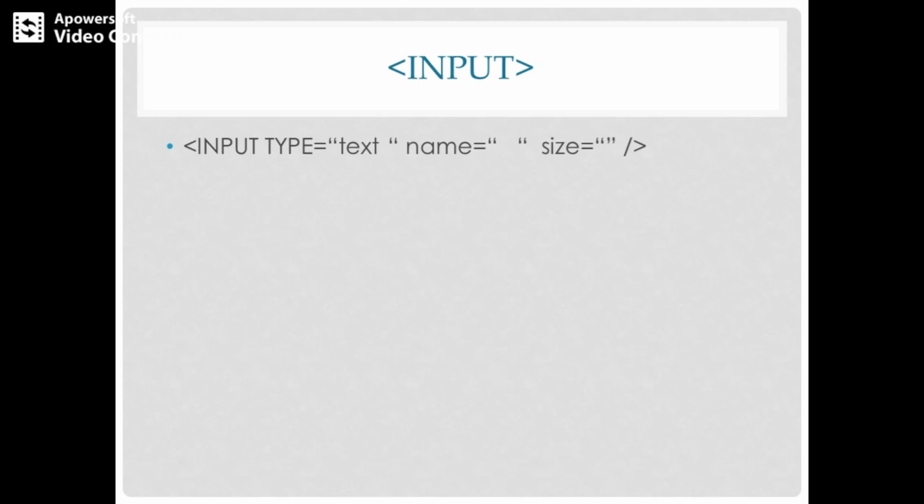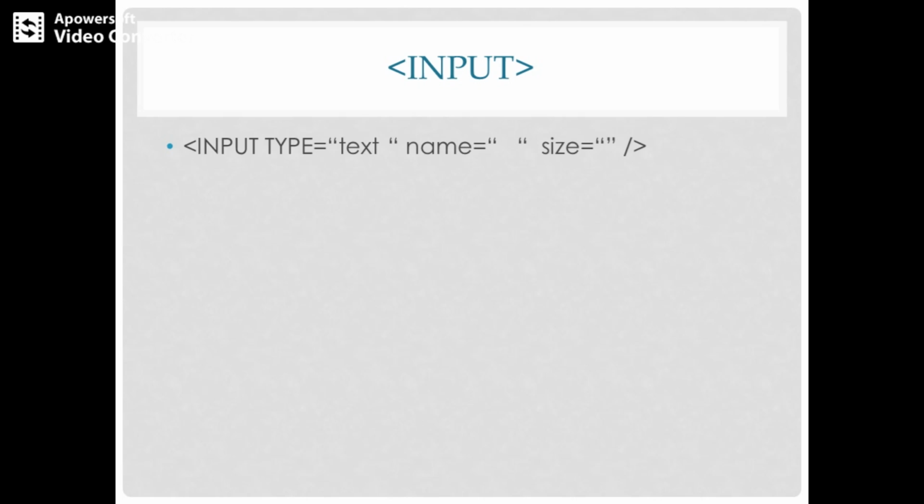And we can also specify the size, that is the limit on the number of characters that can be input within the text box or within the password box. With the size attribute, the size of the text box is usually 20 characters, because the browser uses the default size of the text box.